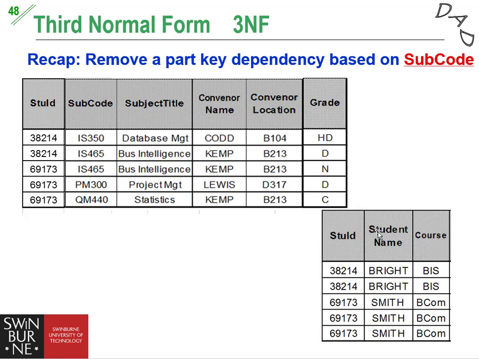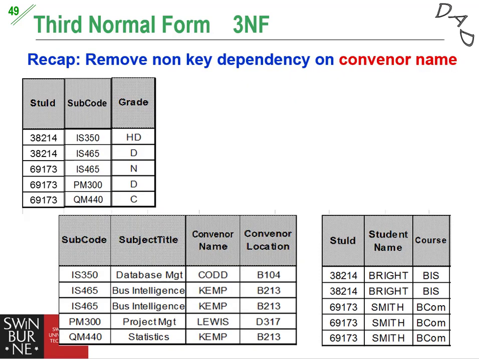So we grabbed the information which belongs to a student ID into another entity called student, and then we created another part key dependency table called subject code, this subject table.